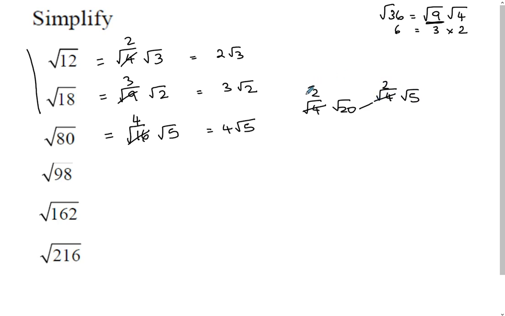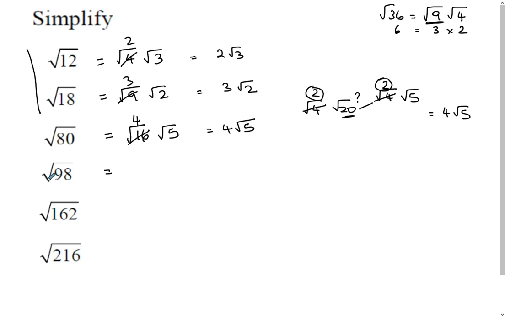So you've got 2 times 2, which is 4, so then you get 4 surd 5. So all is not lost if you can't think of the highest square number. But when you do simplify, you look at that 20 and see, is there another square number in there?